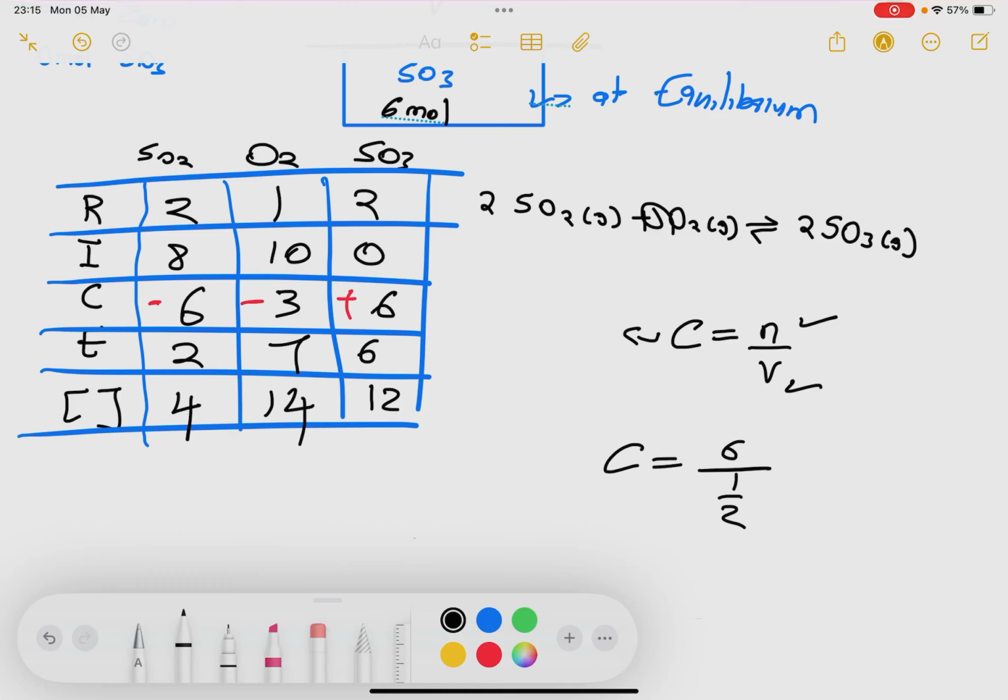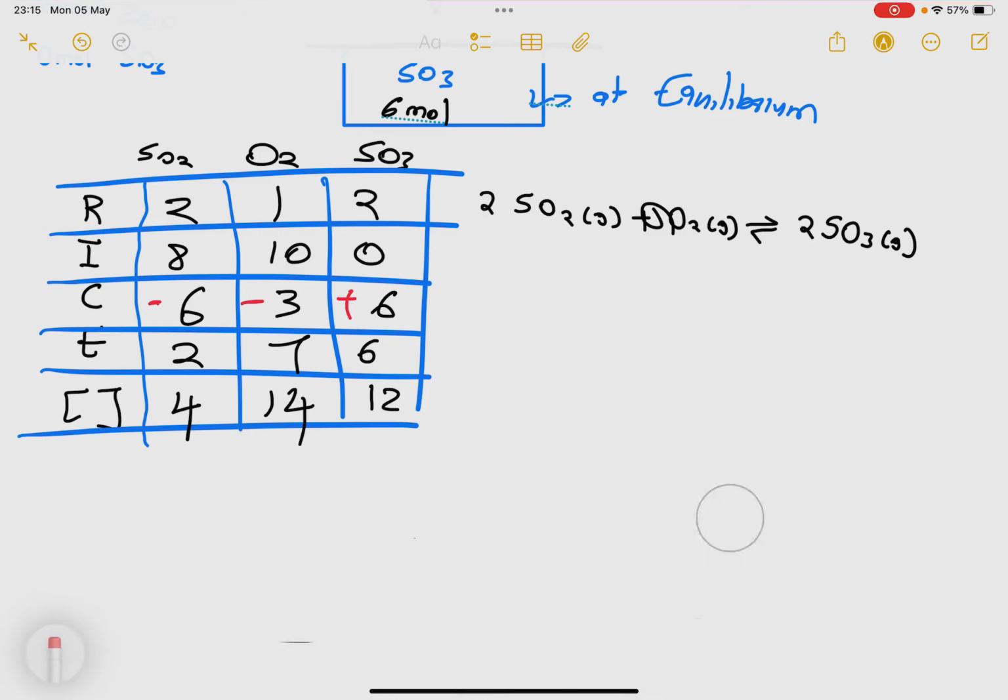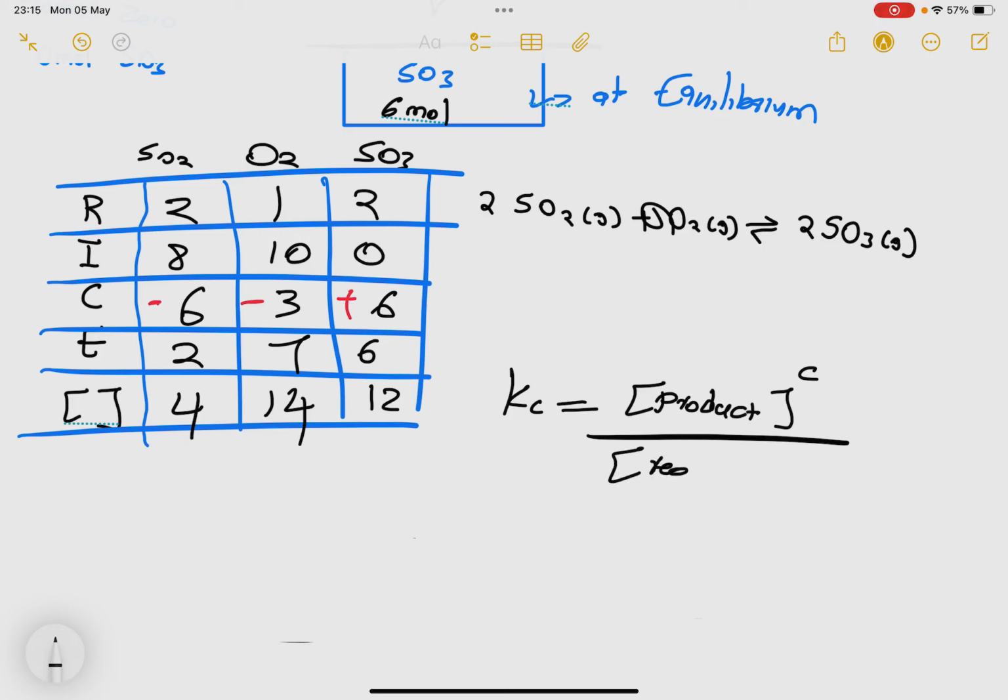Now you want to calculate your Kc. Your Kc is the concentration of the products raised to the power of their coefficients, divided by the concentration of the reactants raised to the power of their coefficients.